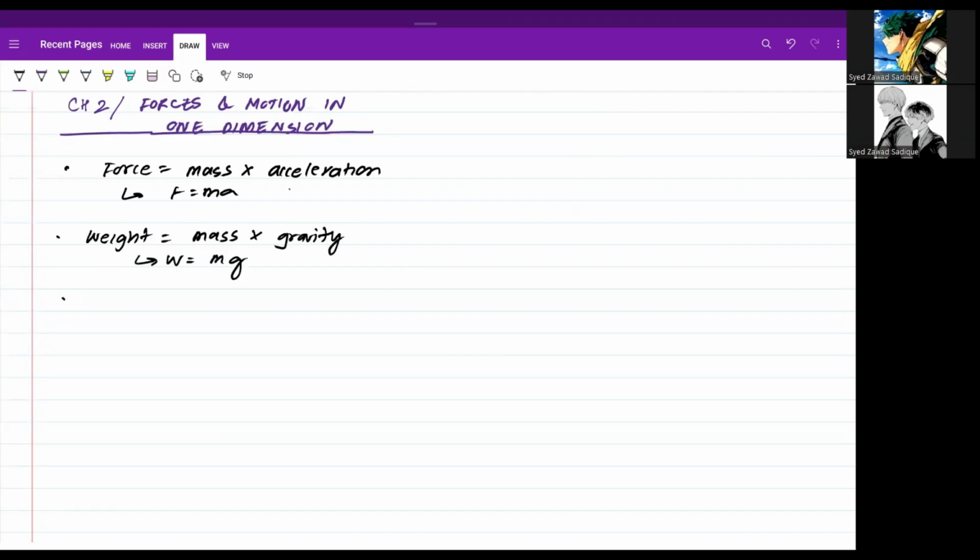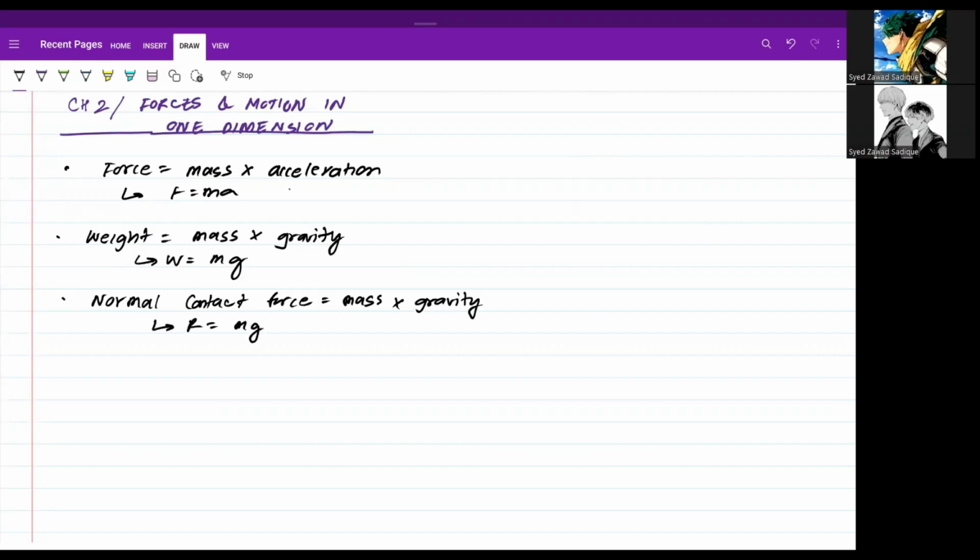Finally, this one might be a bit new, but you should learn this. Normal contact force, which is equal to mass times gravity as well, which is R is equal to mg.